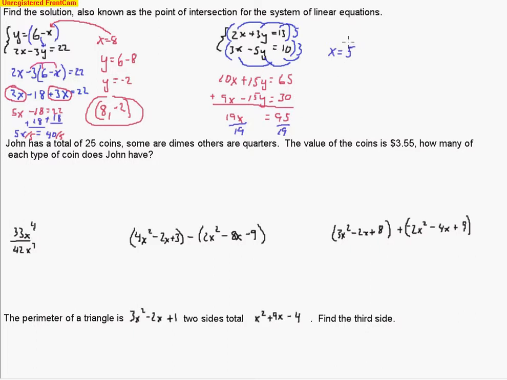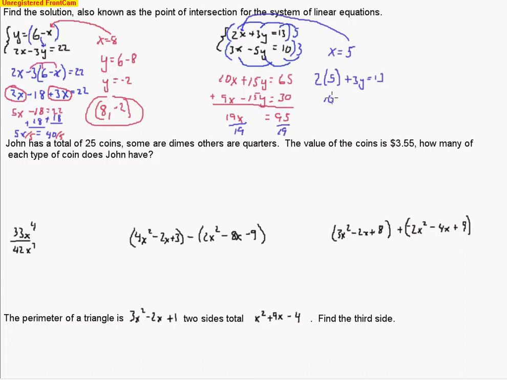So once I've got 5, now it's a substitution problem. I've got to put 5 in place of one of these equations. Now I wouldn't pick these two because they're bigger numbers, so I'm going to pick one of these. So I'm going to put 5 right up here in place of this x. So now I've got 2 times 5 plus 3y equals 13. So I go ahead and multiply this.